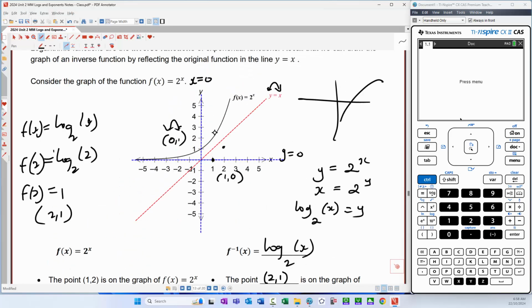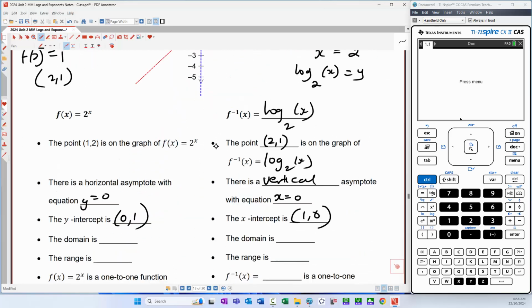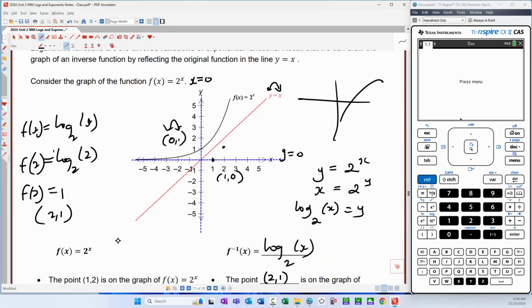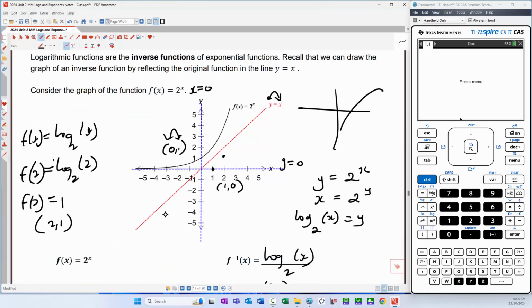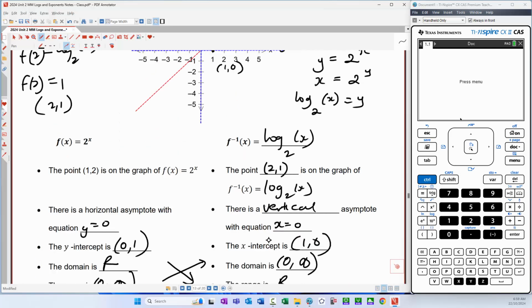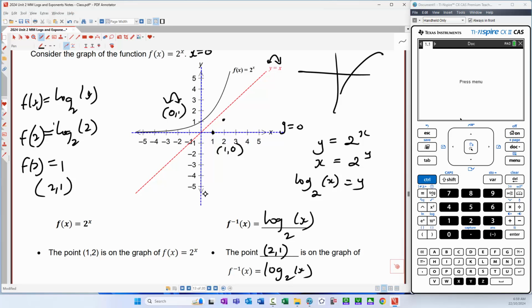The domain of the exponential is the set of all real numbers. The range is 0 to positive infinity, or real positives, you could say. Now, the domain and range for the inverse will just swap. So the domain should be 0 to positive infinity, and the range should be the set of all real numbers. So again, we know that the graph is going to look like this.